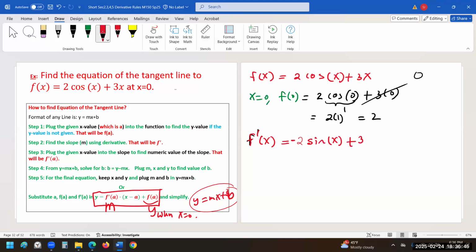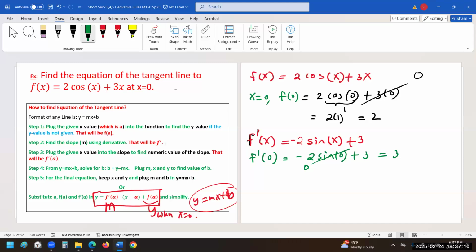So the derivative is a function. We don't want a function. We want a number to plug into our equation. That's why we need to substitute all the x with 0. And we get negative 2 times sine of 0 plus 3. Now what is sine of 0? 0. So what do you get here? 3.